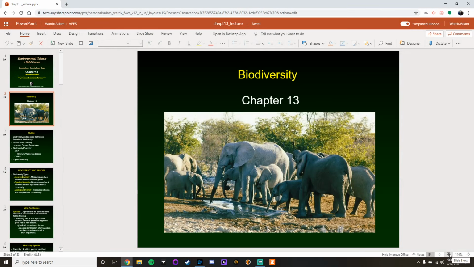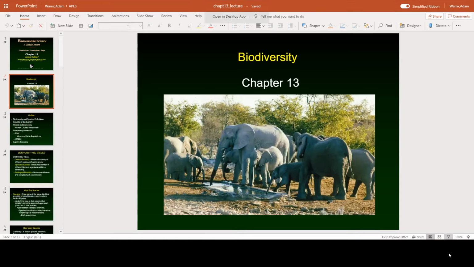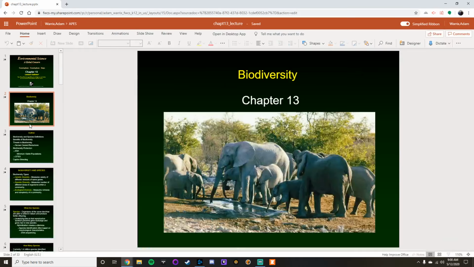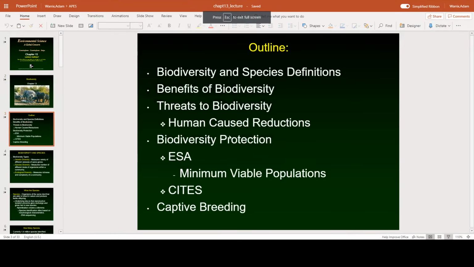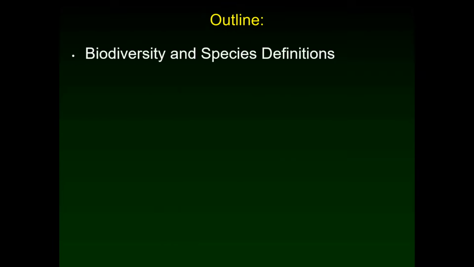Full screen. Full screen. Okay, there we go. Okay, the title slide isn't working, so we're just going to go on to the second slide. All right, looking at the outline for today, we're going to talk about biodiversity and species definitions.